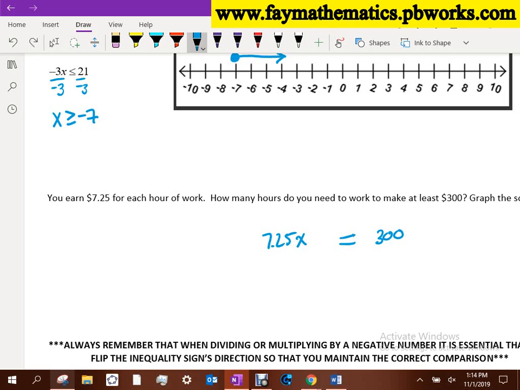So when I see the phrase at least here, it means the variable side of this inequality has to be greater than or equal to 300, because when it's greater than or equal, it met the requirement of being at least 300. Does that make sense? Then I divide that out. Divide by 7.25.